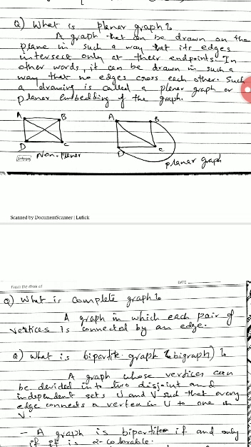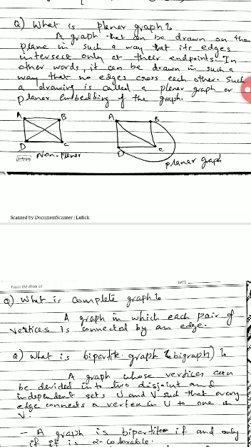A graph that can be drawn on the plane in such a way that its edges intersect only at their endpoints. In other words, it can be drawn in such a way that no edges cross each other. Such a drawing is called a planar graph or plane embedding of the graph.